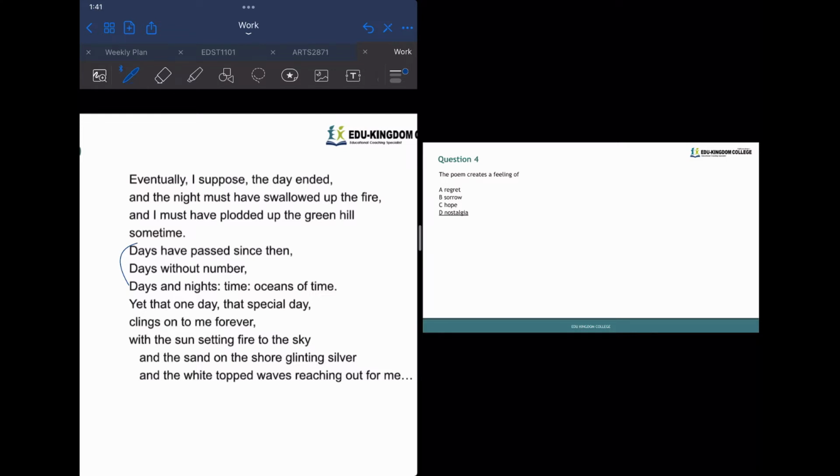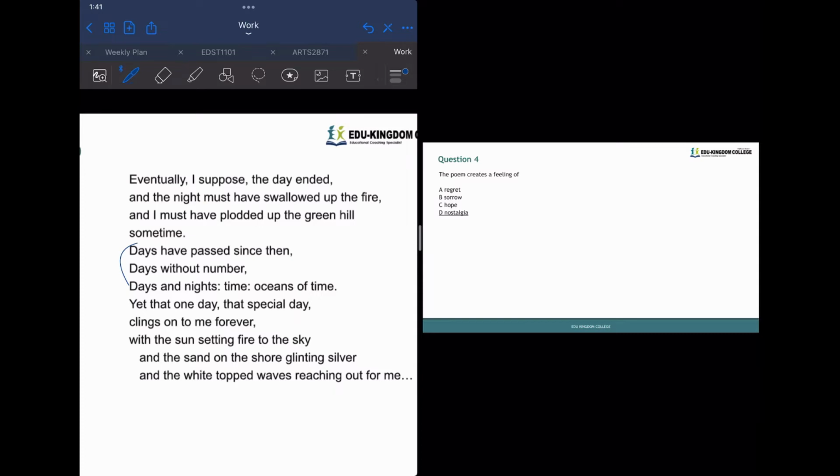So nostalgia is this good, reflective feeling, quite literally, when you look back on a day that you really enjoyed. Regret is feeling as if you could have done something better, or wishing you hadn't done something. This is a negative connotation often associated with sadness and anger. Sorrow is like grief when you've lost something, a lot of sadness.